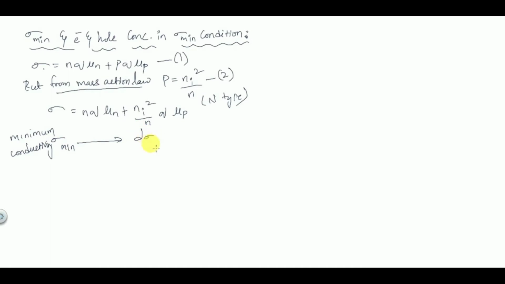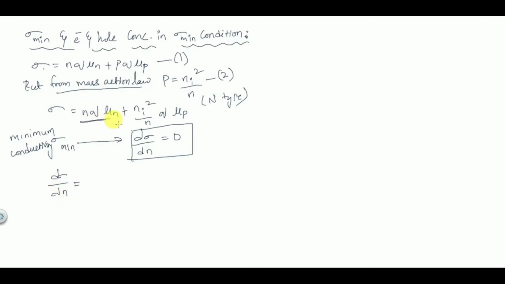You have to differentiate this conductivity with respect to the electron concentration and make it equal to 0. For maxima or minima, you differentiate with respect to the concentration of the carriers and make it equal to 0. So find dσ/dn.